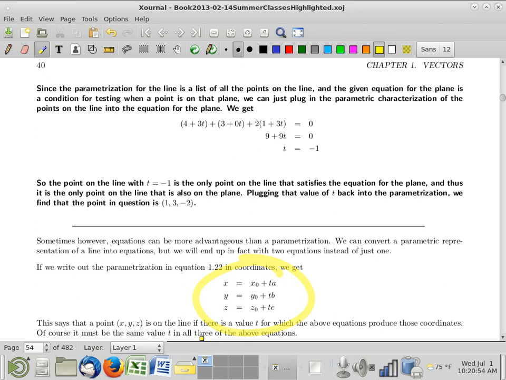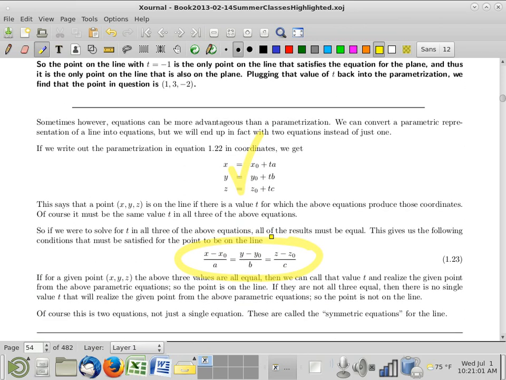There's a slick move for this, and that is to realize that if there is a way for this to work, then it has to work for a particular value of t. Namely, you have to be able to generate the given x with a particular value of t, and for that same value of t, you have to generate your given y, and for that same value of t, your particular z.